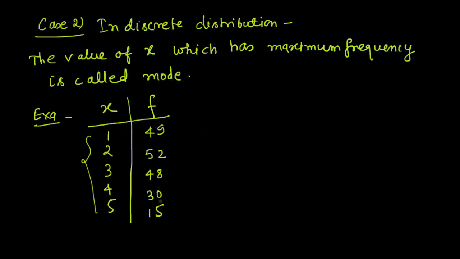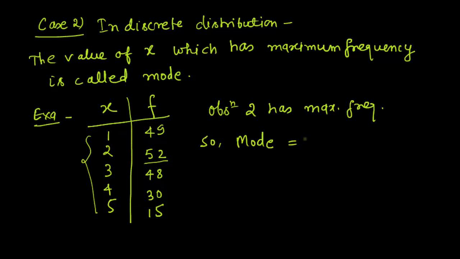So what is the maximum frequency in this? 52 is the frequency which is maximum. So you can say observation 2 has maximum frequency, so mode value is 2 here. 2 is the answer.